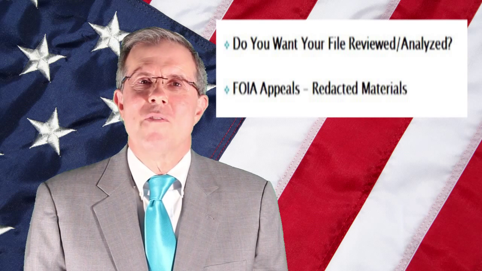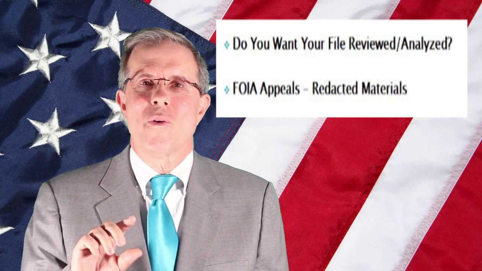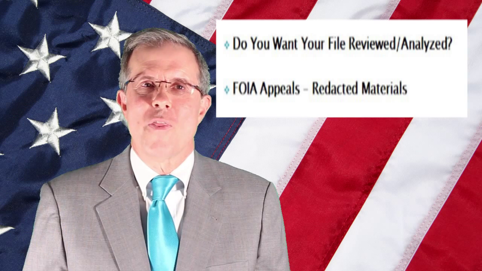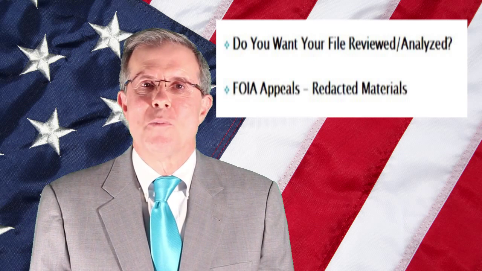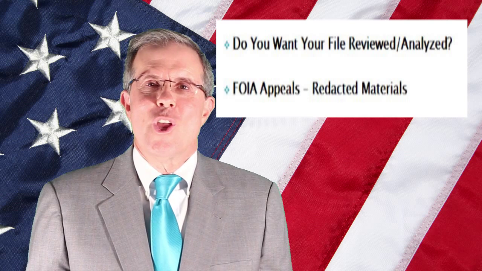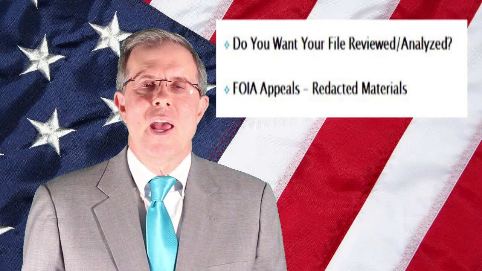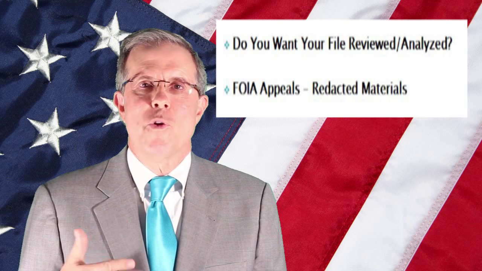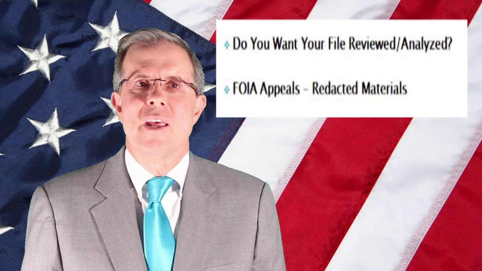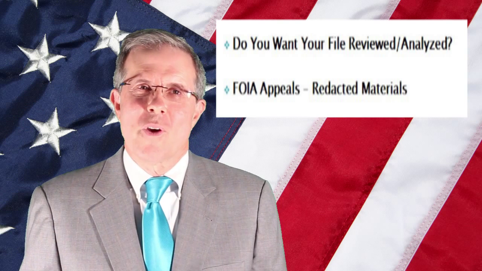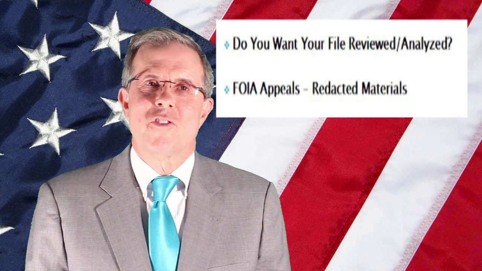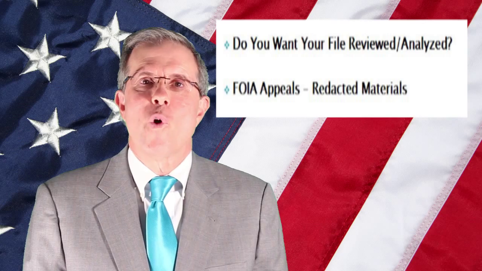The ones they don't give you, whether it's pages or lines or words on the file, they call that redacted materials. So you get 60 days to appeal that decision, and you may get more information than you initially got. In order to appeal it, you're going to need an attorney who knows something about the ins and outs of the FOIA law.